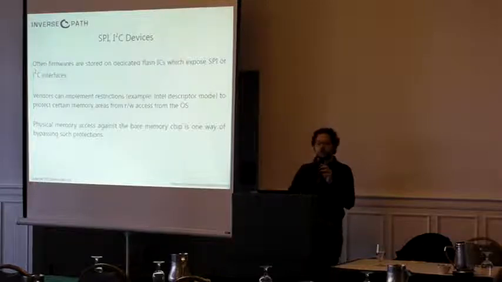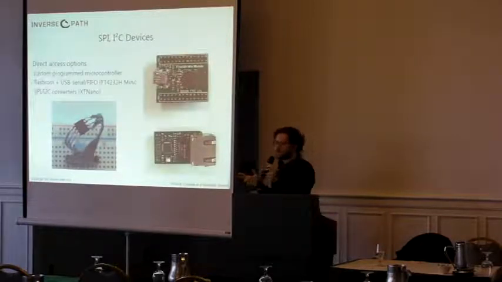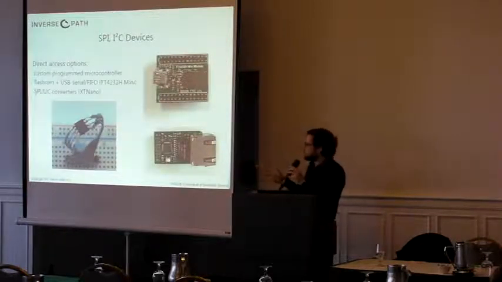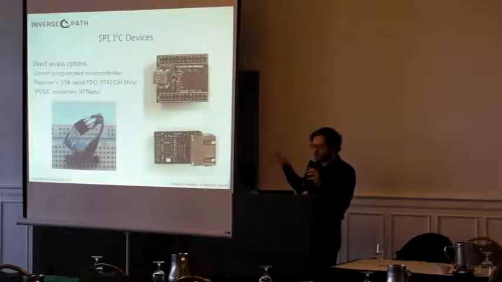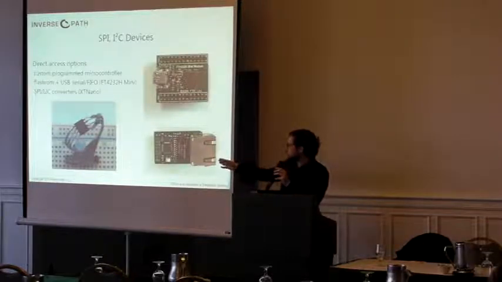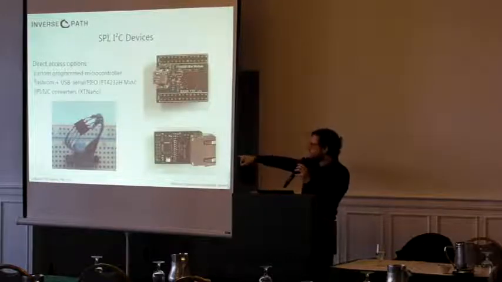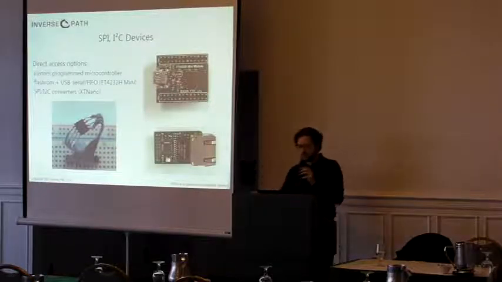And these are, 100% of the times, either SPI devices or I2C devices. And you physically obtain direct access to them by desoldering them and connecting your memory reader, like you can have FTDI-based readers like this one, or this is an SPI reader which conveniently then allows you access over Ethernet, which you think is really nice.